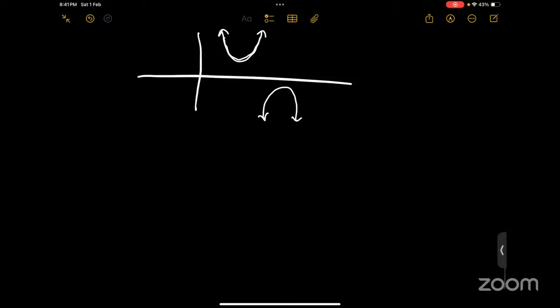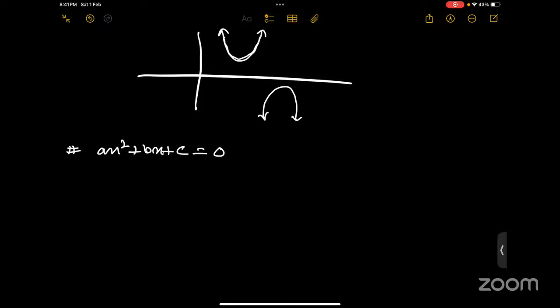So that was the first thing. And the second thing is about solving the roots. Ma'am, when roots are coming, does it touch the x-axis?